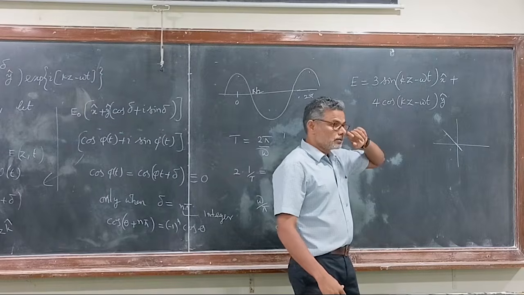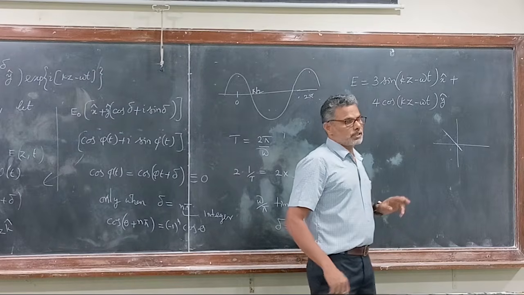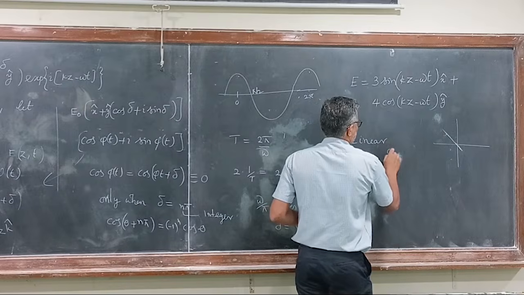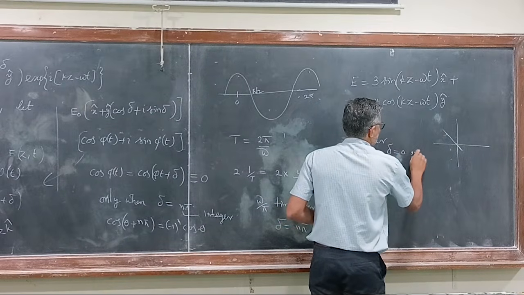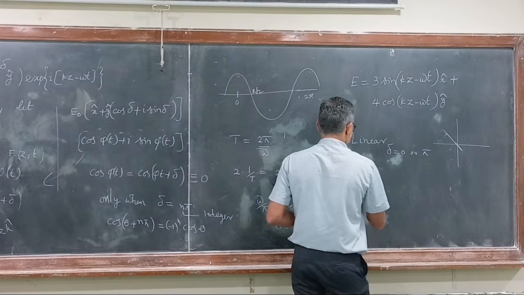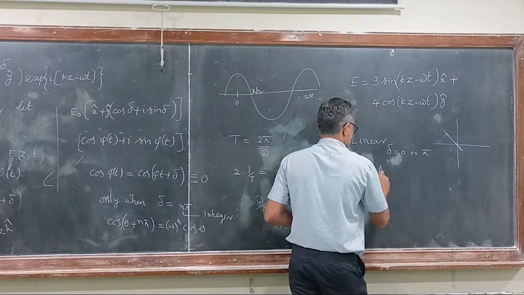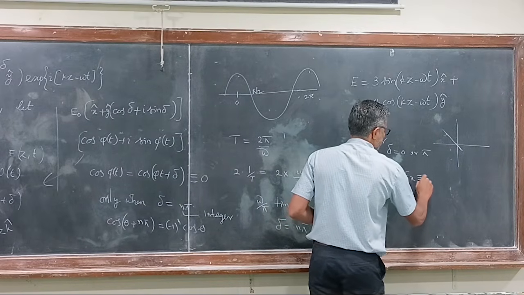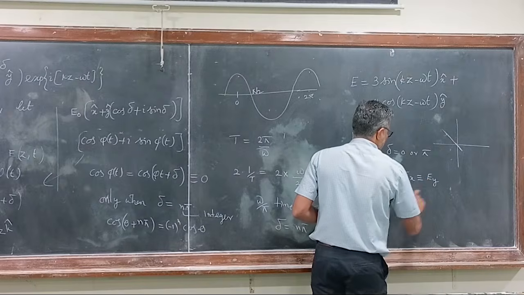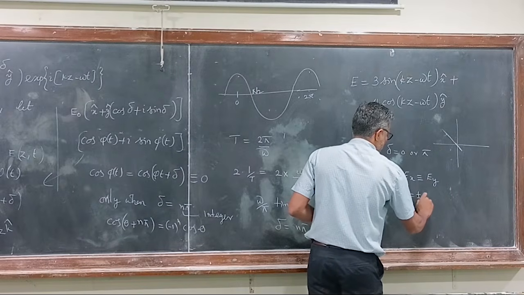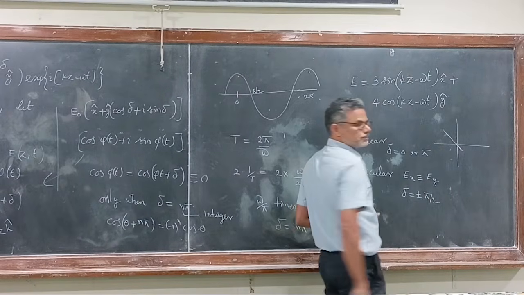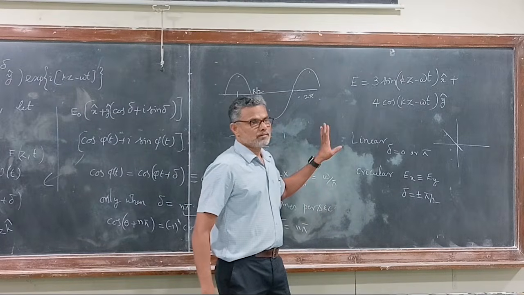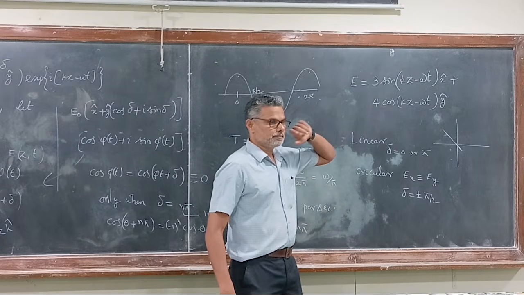For linear, the delta must be 0 or pi. For circular, in a special case, your Ex must be equal to Ey and delta must be plus or minus pi by 2. If anything else, it becomes elliptical.